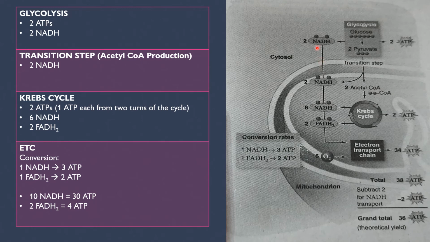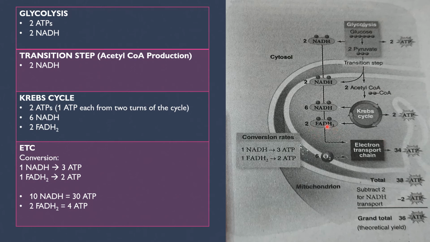So you have here 2 plus 2 plus 6, so that's 10. Remember, every 1 NADH is equivalent to 3 ATP. So 10 times 3 would give us 30. So in the ETC, we will have 30 ATPs. Now, it does not stop there. We still have to add the electrons from the 2 FADH2 molecules, which yield 4 more.